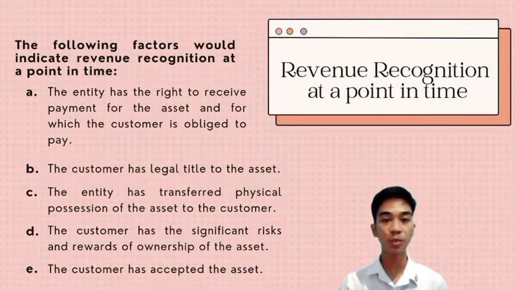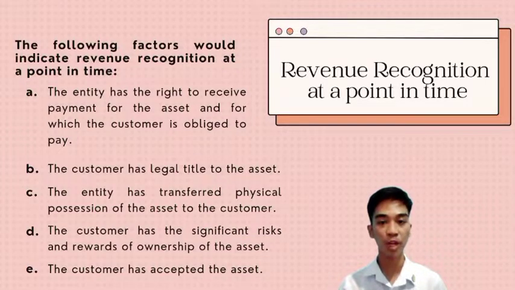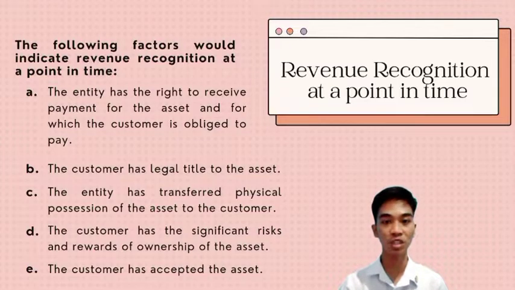However, physical possession may not always coincide with the control of an asset. For example, in some repurchase agreements, a customer or consignee may have physical possession of an asset that the entity controls. Conversely, in some bill and hold arrangements, the entity may have physical possession of an asset that the customer controls. Further guidance on such arrangements is set out.